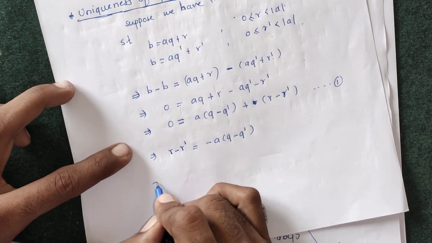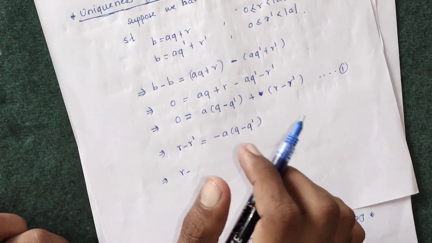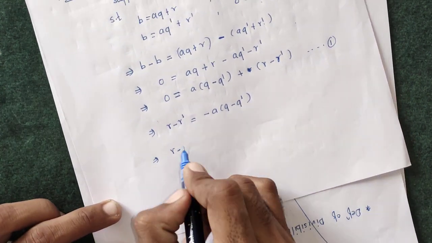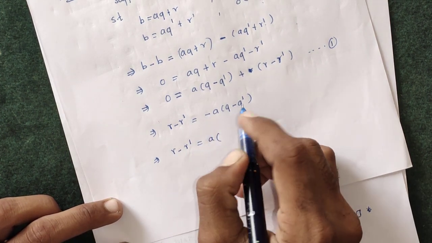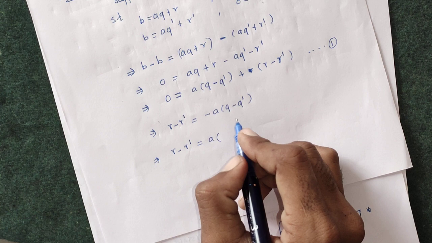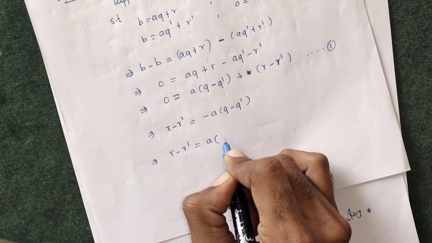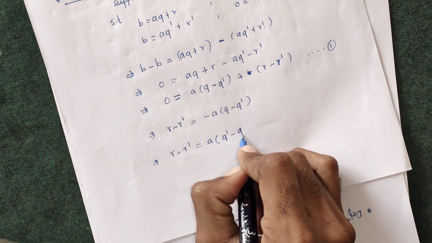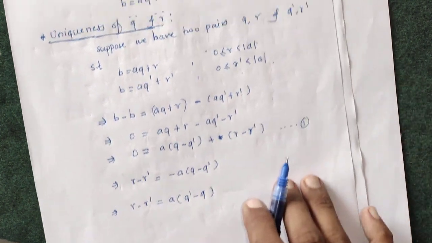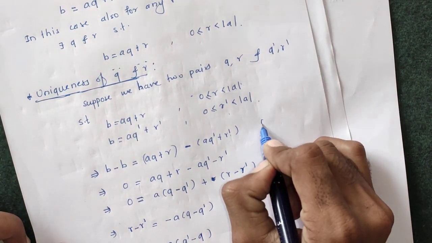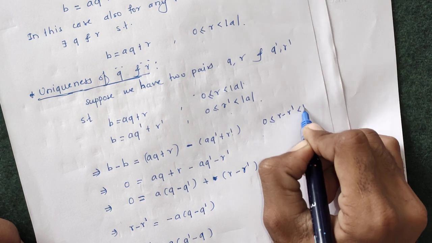Again simplifying, r minus r prime is equal to a times q prime minus q, absorbing the minus sign. And what remains is 0 less than or equal to r minus r prime less than mod a.